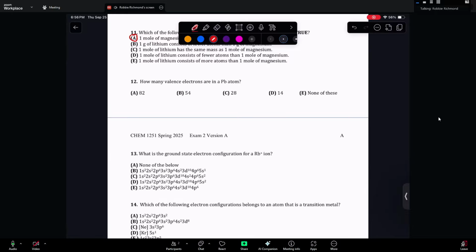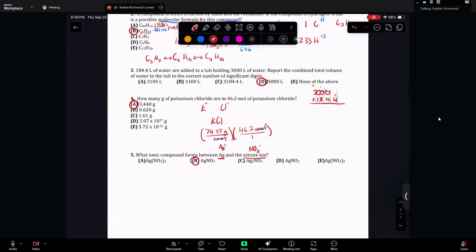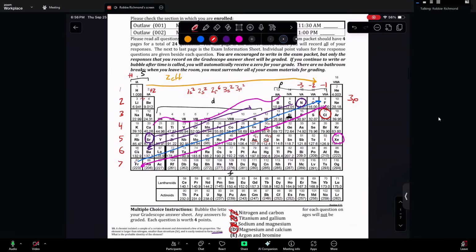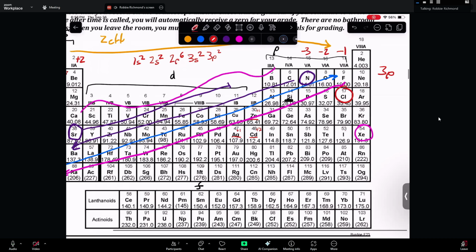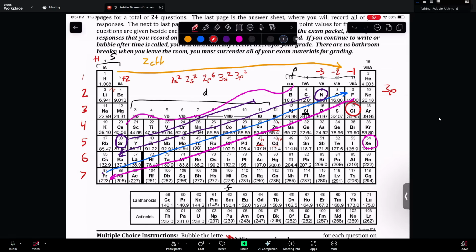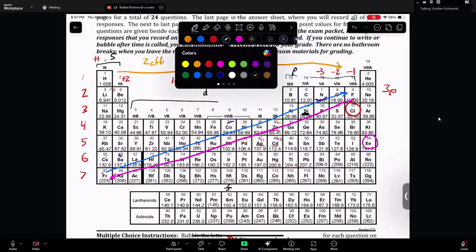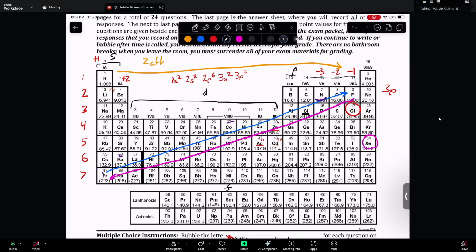Cool. 12. How many valence electrons are in the Pb atom? I did brush over this. Remember, valence electrons are basically any electron within the highest energy level. So for Pb, which is located here, we are looking for this row.